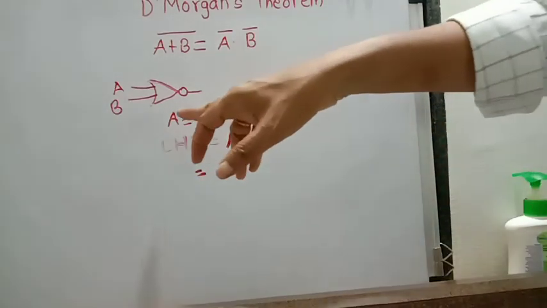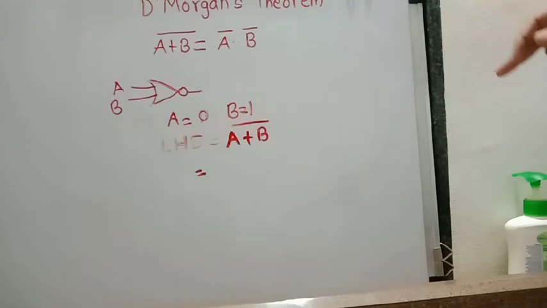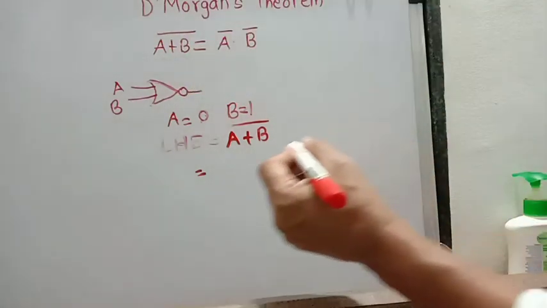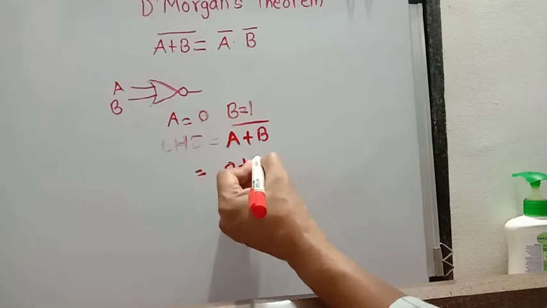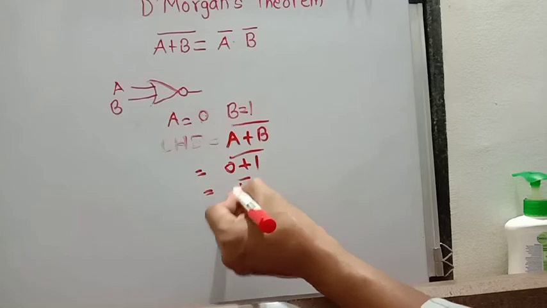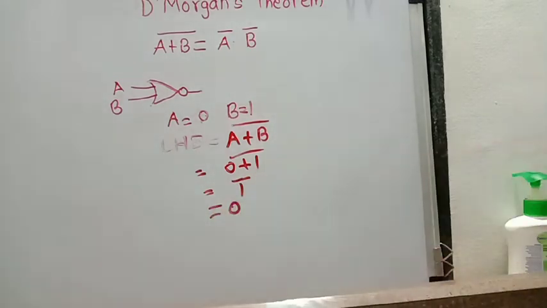For this condition, LHS is A plus B bar, which is 0 plus 1 bar, that is 1 bar, that is equal to 0.